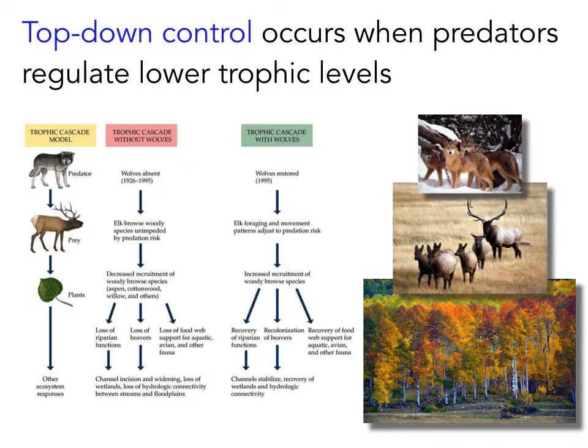Their impacts even extend to river hydrology. By causing willows to recolonize riparian areas, wolves are indirectly helping to increase bank stabilization, as well as wetland formation by the dam-building beavers. So this is actually a tremendous example of top-down control.